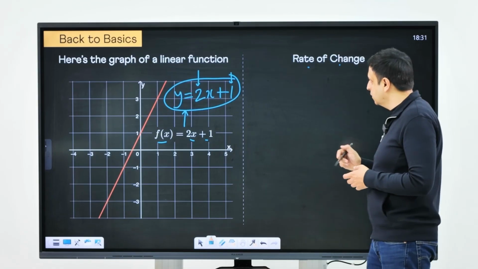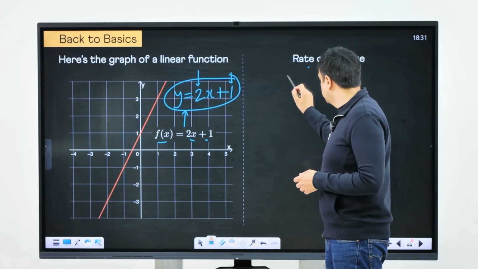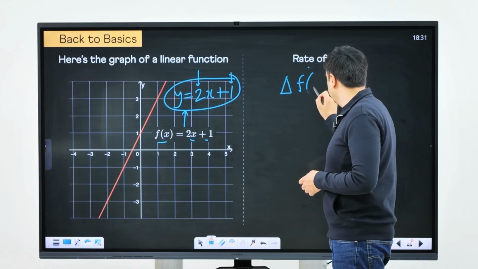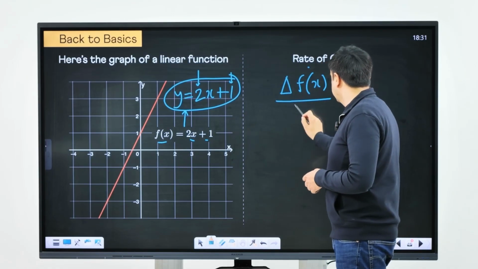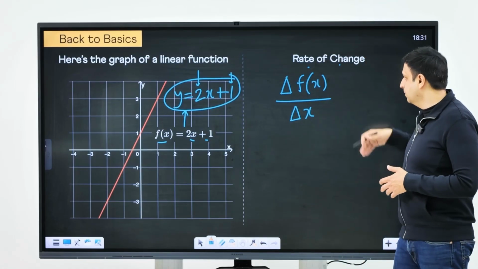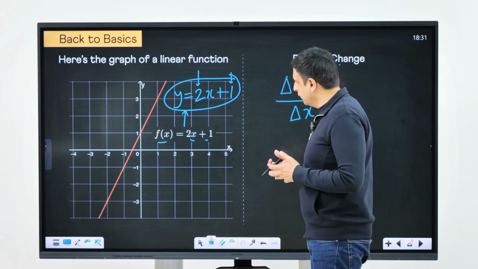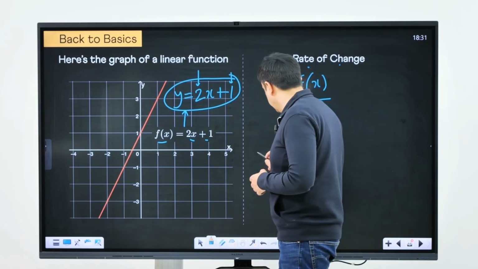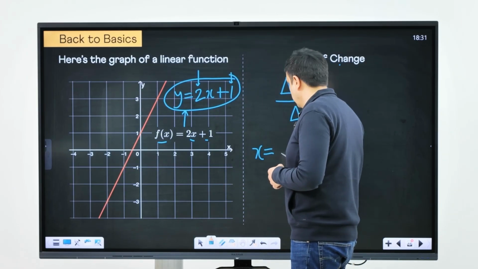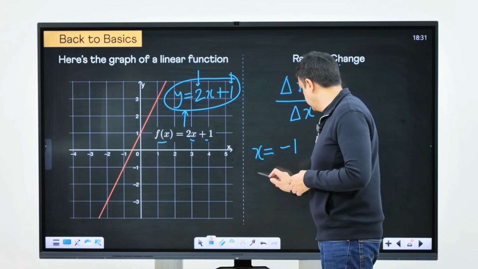So what is the rate of change of a function? The rate of change is the ratio of the change in the function's value, so delta f of x, by the change in the variable's value, so delta f of x by delta x. So if we take, let's say, 2 values of the variable, so let's take x as negative 1 and let's take x as 1.